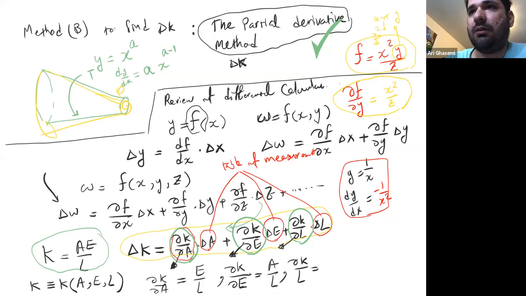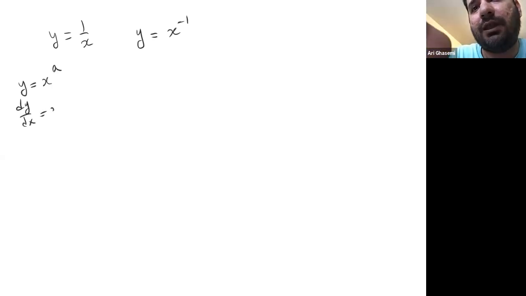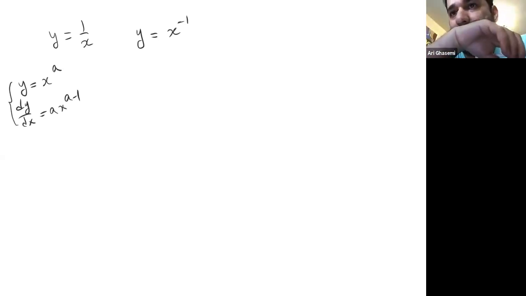Let's go back here, one more slide. When I have y is equal to 1 over x, that means if I take this x to the top, I have y is equal to x to -1. And if y is equal to x to a, dy dx is equal to a x to the a minus 1. This was the formula in the standard table of derivatives, okay?